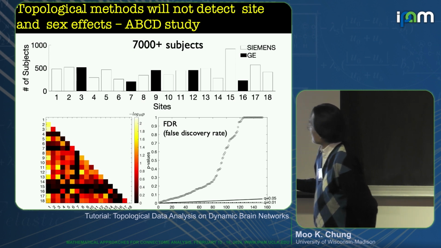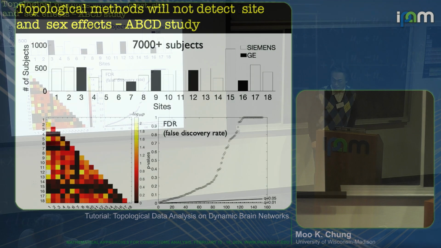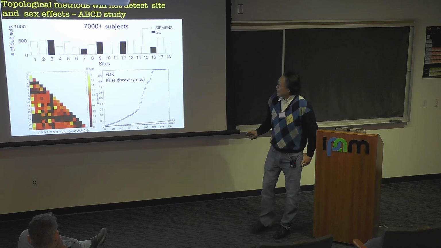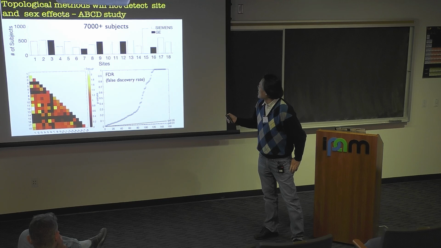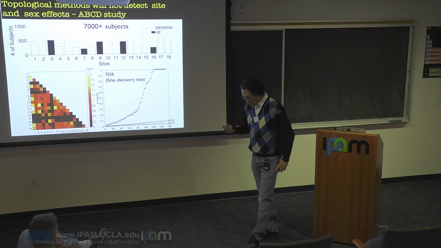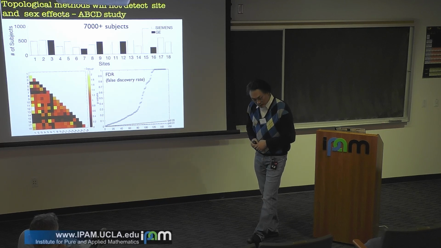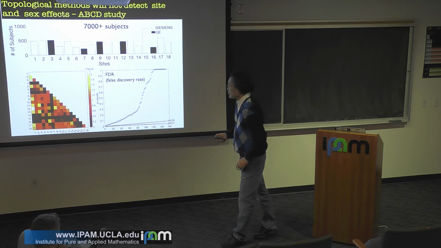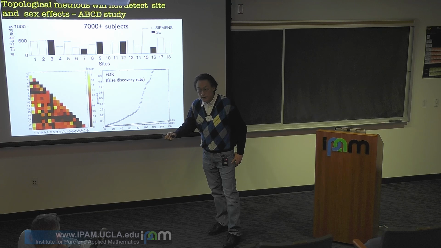Now, this is the ABCD study, where we use more than 7,000 subjects. Because of the different scanners, you expect different image quality, and you should be able to detect the site effect if you're using traditional methodology.